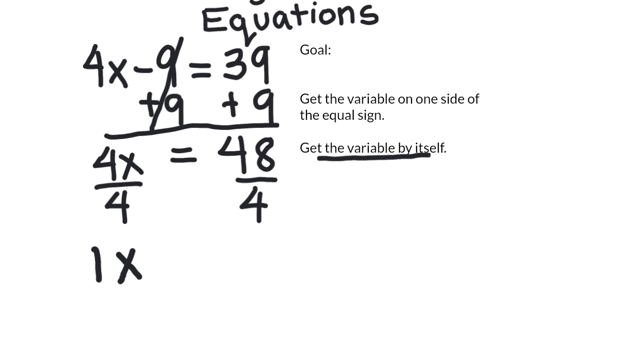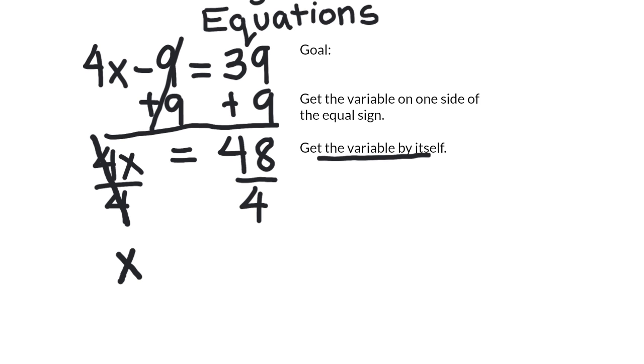We just say that the 4 divided by 4 cancels out. This is another area where we say things cancel out, but in this case it does not mean that it's 0. It means that 4 divided by 4 is 1, and 1 times x still is x. Anything that you multiply by 1 still remains as is. So generally you will not see people write the 1.